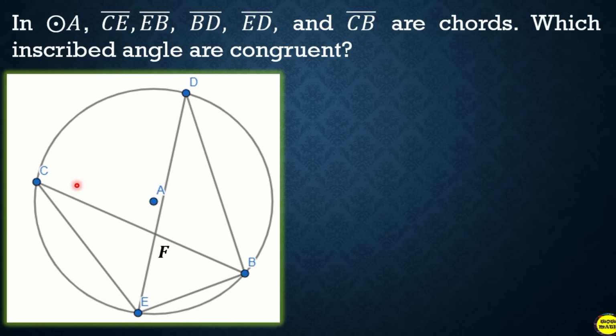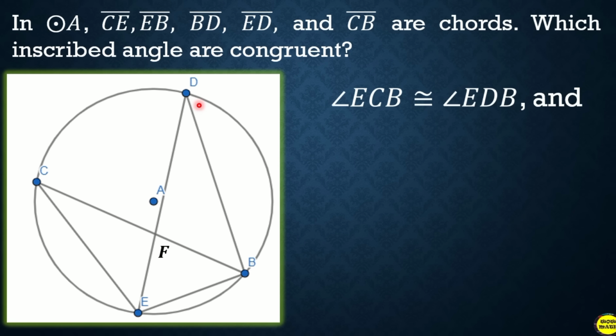So, kitang-kita naman, no, ito, yung angle na to, saka yung angle na yan. Ito yung intercepted arc. So, therefore, angle ECB, or pwede rin pala, no, okay, pwede rin ito, pwede rin yun. Angle ECB is congruent to angle EDB kasi nag-intercept sila sa isang arc.